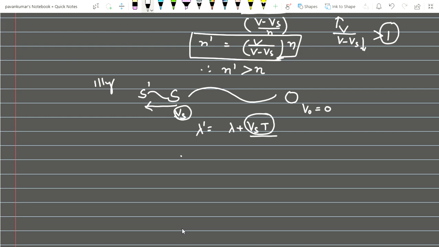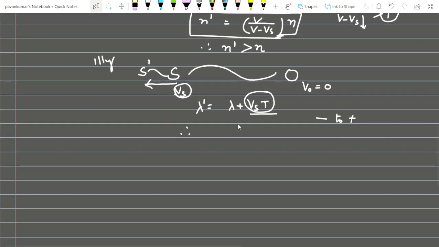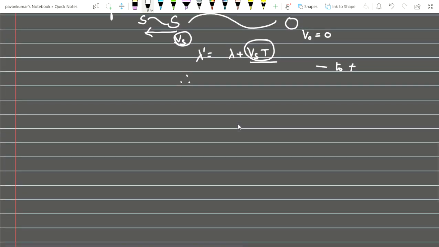So finally, by following the same procedure, lambda dash is equal to (n lambda plus Vs) by n, which is equal to (V plus Vs) by n, the current wavelength.